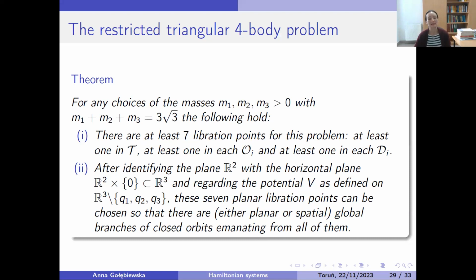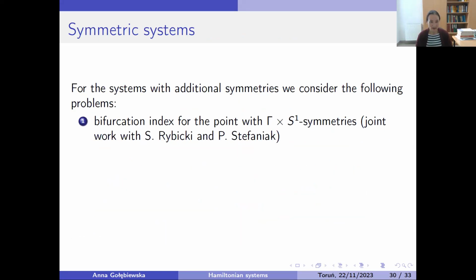So we have a lot of families of periodic solutions. In fact, we obtained these 7 branches of periodic solutions only using the symmetry given by the periodicity of solutions. But if we take into consideration additional symmetries, we can obtain more.